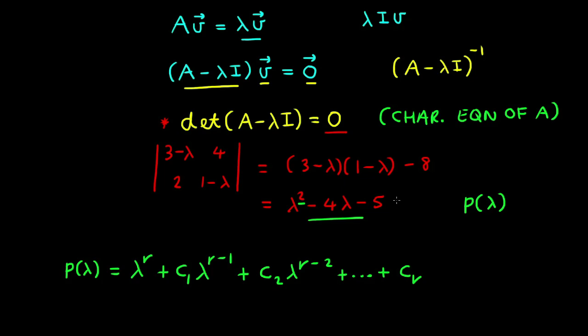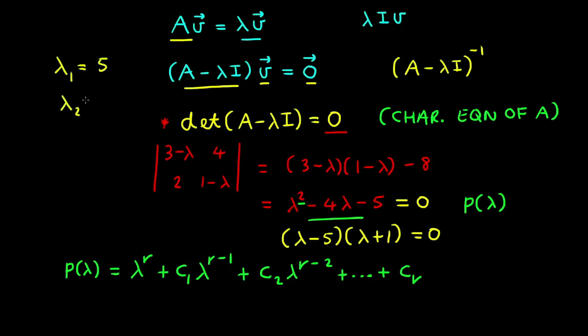So we equate the characteristic polynomial with 0, so we can factorize this polynomial, being lambda minus 5 by lambda plus 1. So therefore, the eigenvalues of the matrix A are lambda 1 is equal to 5, and lambda 2 is equal to minus 1.